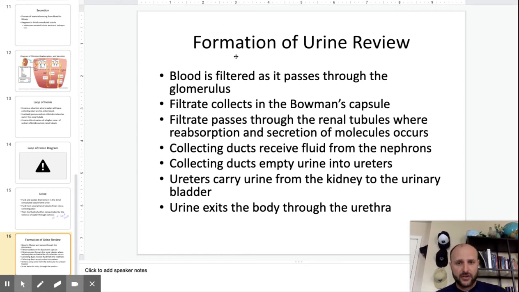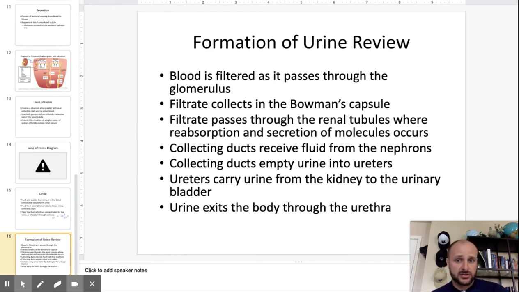And this we pick up right here. The ureters carry that urine from the kidney to the bladder. The bladder stores it. And then finally, whenever you want to urinate, the bladder will release that urine down the urethra, and it'll exit the body.